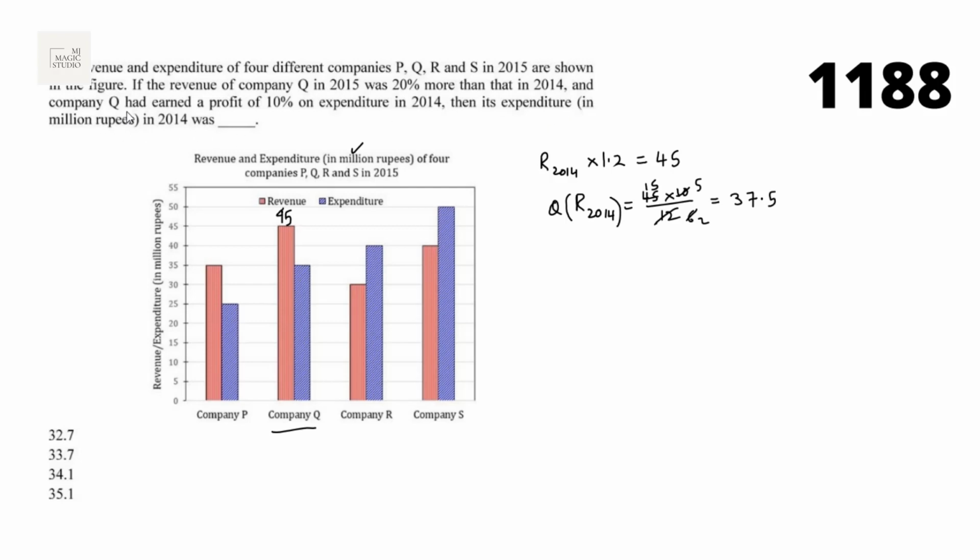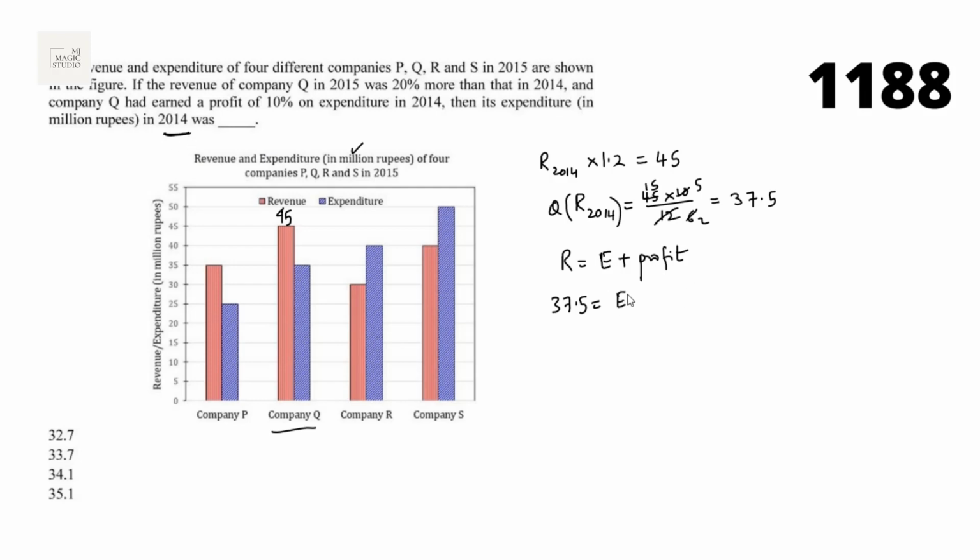And company Q has earned a profit of 10% on expenditure in 2014. Now, how do we define revenue? Revenue is expenditure plus profit. Now, revenue in 2014 was 37.5. Now, the question asked is, then its expenditure in 2014 was.